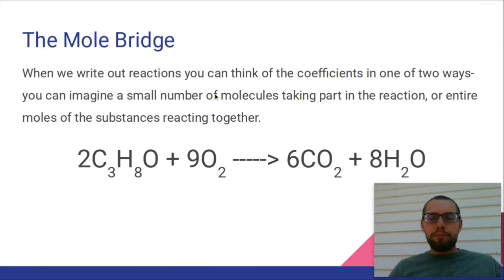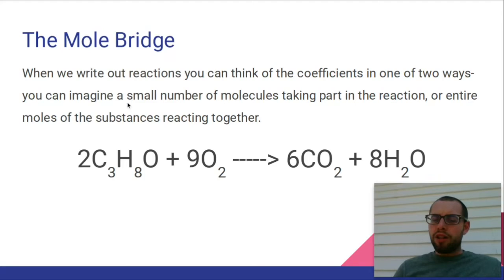So if we read this top part here, we can think about the coefficients in 2 ways. We can imagine a really small number of molecules that are reacting, like just 2 molecules of isopropyl alcohol. Or we can imagine entire moles of the substance reacting together: 2 moles of isopropyl alcohol, 9 moles, 6 moles, and 8 moles.